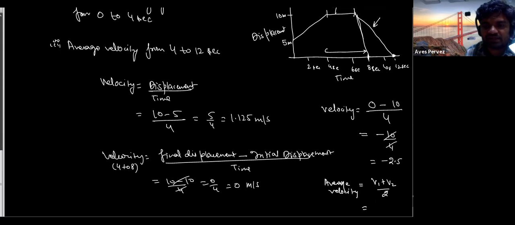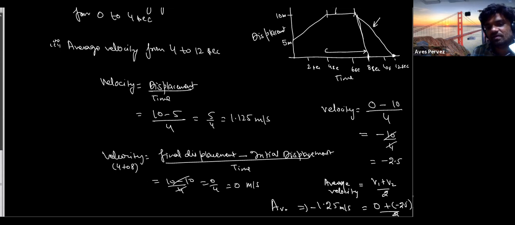Here v1, our initial velocity, is 0, and v2 is minus 2.5. So minus 2.5 upon 2, and our average velocity is minus 1.25 meter per second.